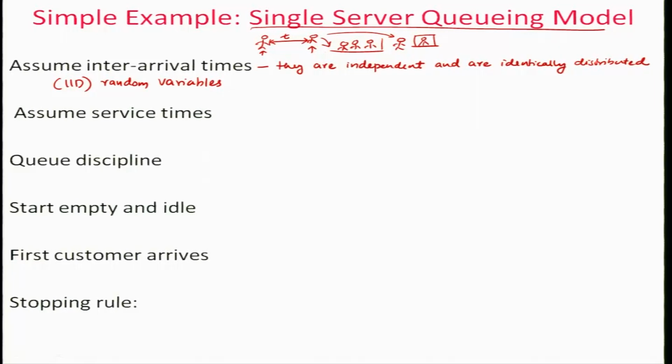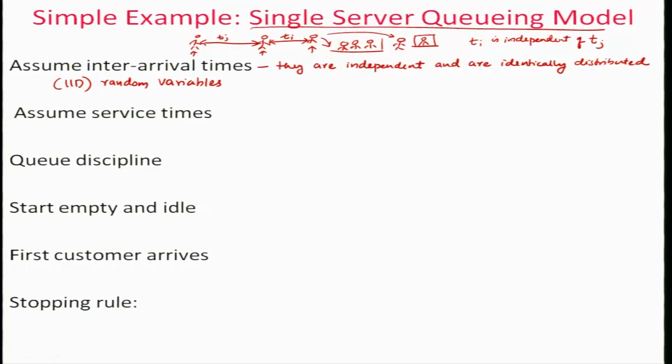Take one as Ti, and let us take another arrival with Tj. Ti is independent of Tj, which means the value of Ti does not influence the value of Tj, nor does Tj influence Ti. So, they are independent of each other.